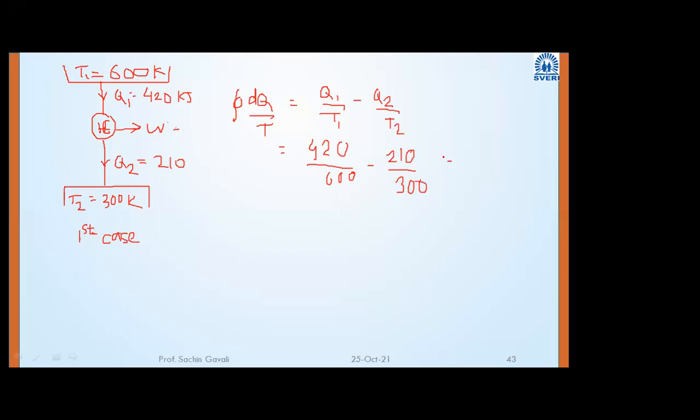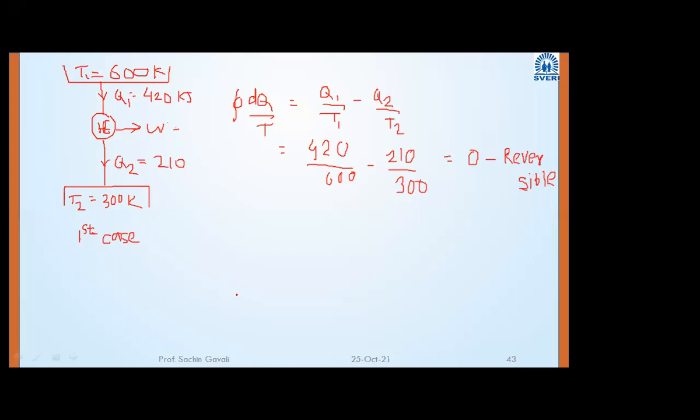What is this answer? 0. 0 means what? Therefore, the cycle is what? The first case is reversible. Very good. The first case is reversible.